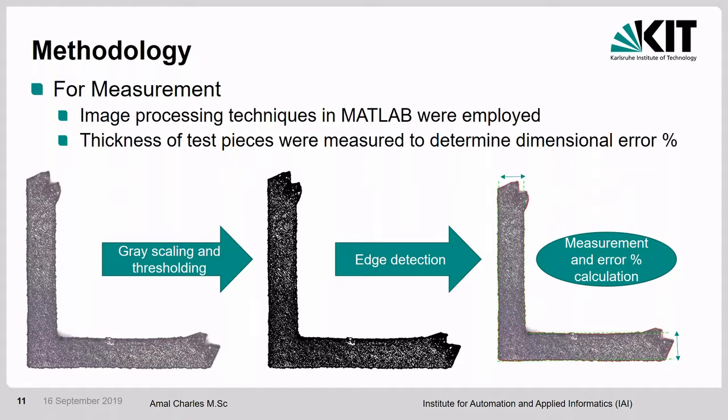We then do an edge detection, scan the whole image to detect the edges, draw our edges, and then measure the deviation between them. We measure the thickness of the samples because our postulation is that, when everything else remains constant, our process parameters are affecting thickness. So we use that as our classifier.